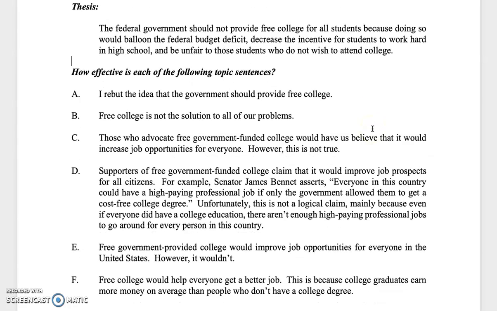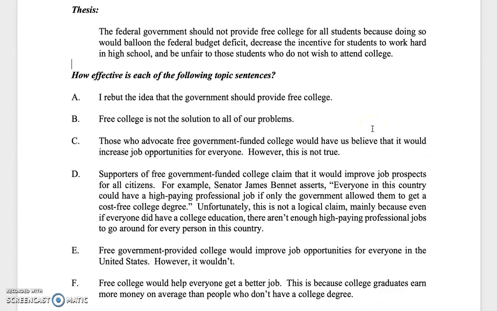So I'd like you to pause the video and read each topic sentence, or really each paragraph opening, because some of these are more than one sentence, and see if you think it's providing a good setup and topic sentence for a rebuttal paragraph. And then we'll come back and talk about it.